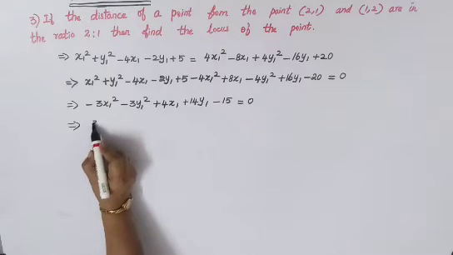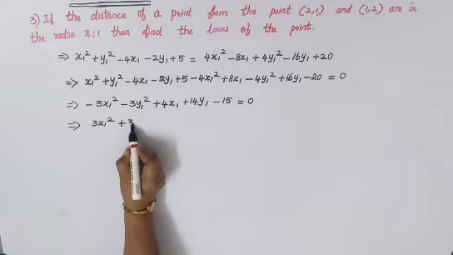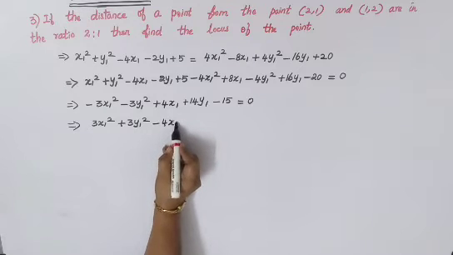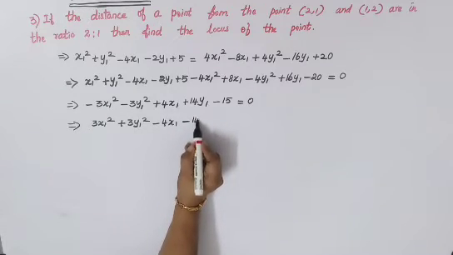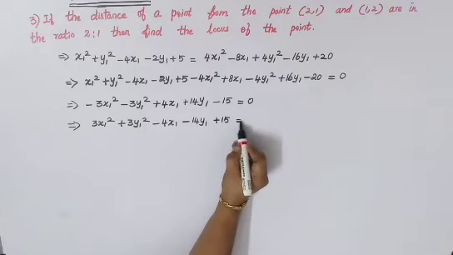So we'll have 3x1 square, this will become plus 3y1 square, this will become minus 4x1, this is minus 14y1 plus 15, which is equal to 0.